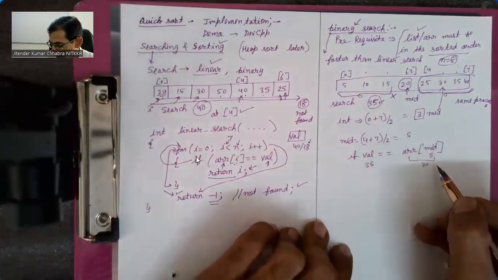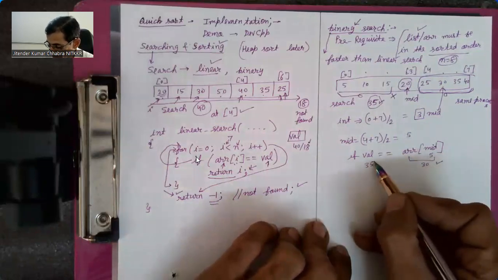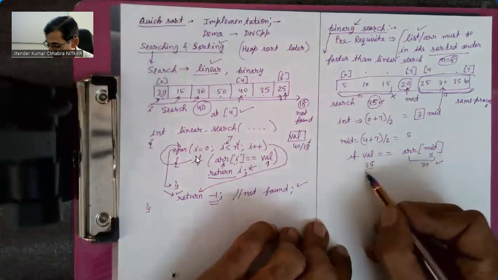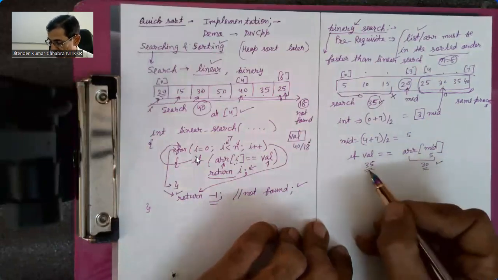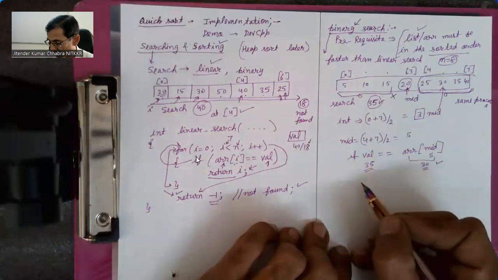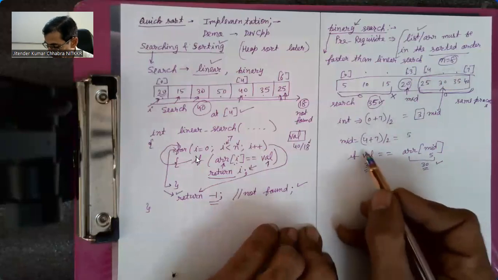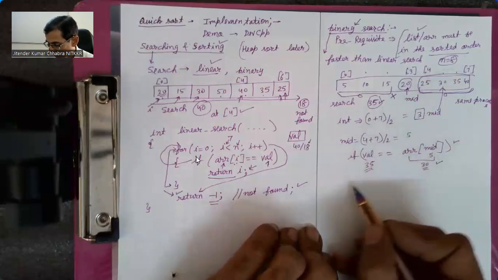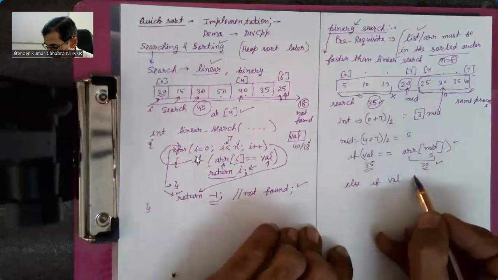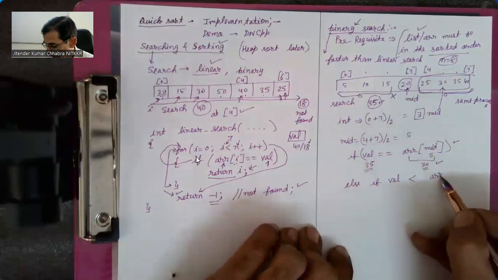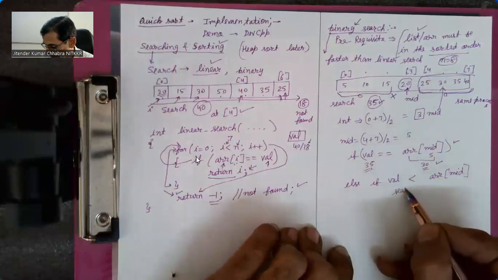Again, not equal. Not equal means I still have to repeat. Value 35, if at all present, can be on the right because 35 is greater. So in that case I will make the logic: if equal, effectively found, else if my val is less than arr[mid], I have to search in one direction, search in the left sublist.